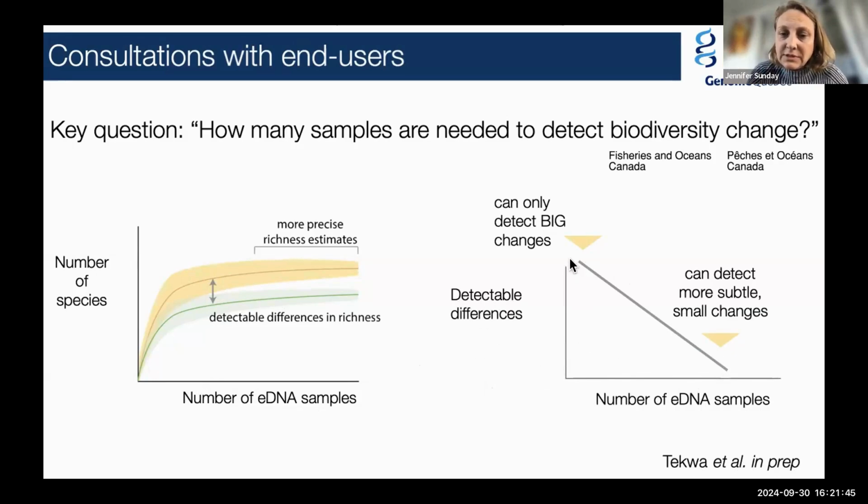So the detectable differences on the y-axis here, you have more power, or you can detect smaller changes. If you have fewer samples, you really can only, with confidence, detect big changes. So 10% of biodiversity of species richness, for example, instead of maybe 2%. Those are the changes that you're in a position to be detecting confidently. So we're hoping this work is useful broadly.